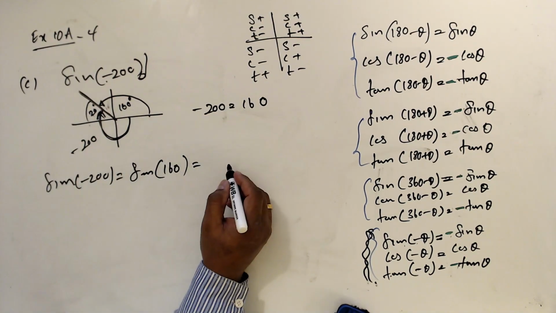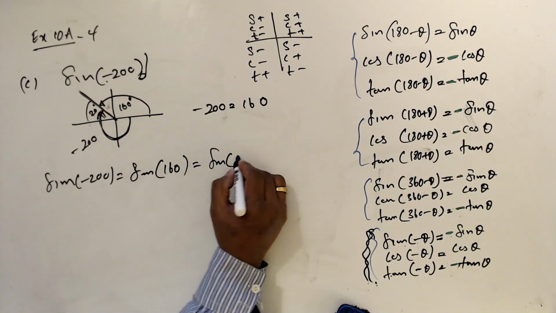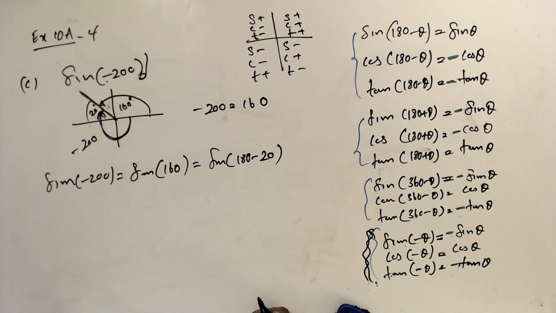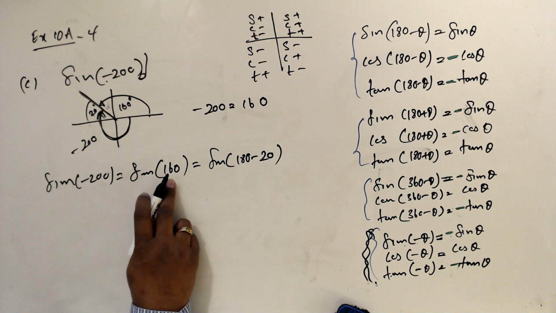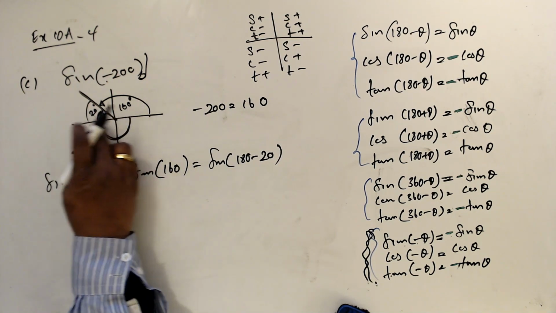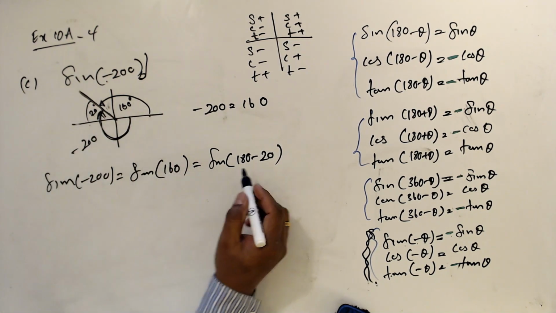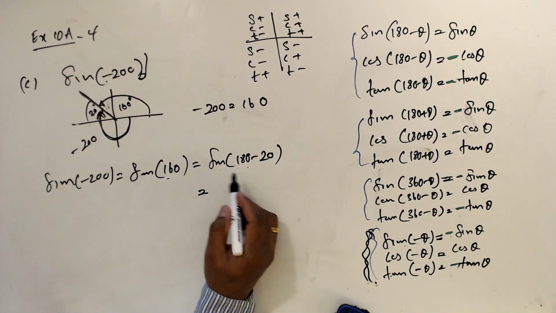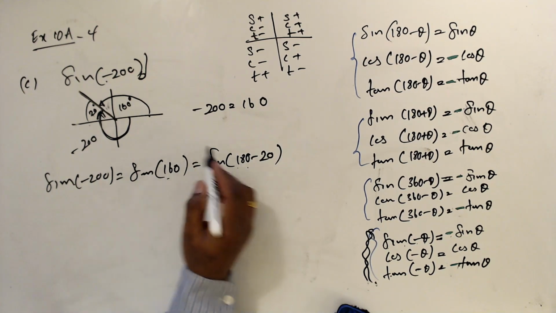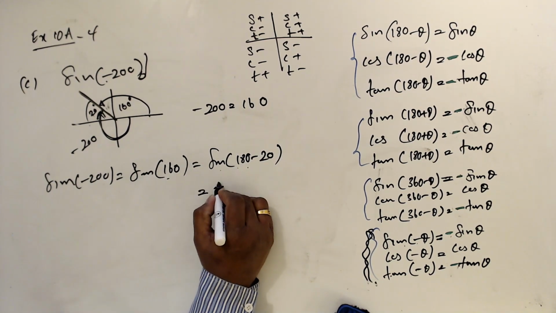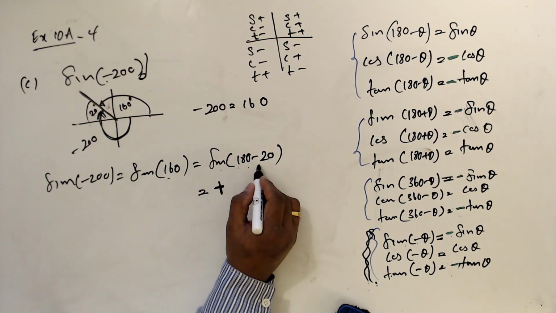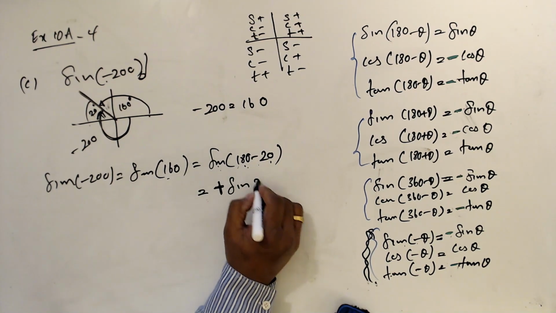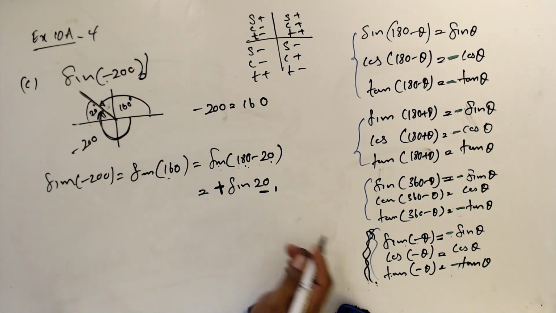Using 180: sine 180 minus 20. First I bring it into a positive, then I write using this axis. We know in the second quadrant the sign is positive, and for 180 minus 20, you simply write the sine ratio and drop 180 with the acute angle.